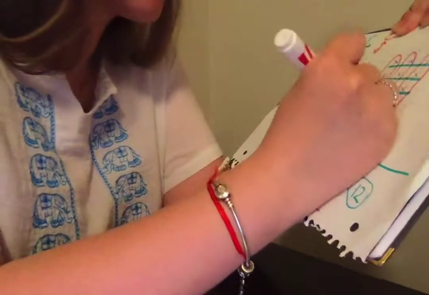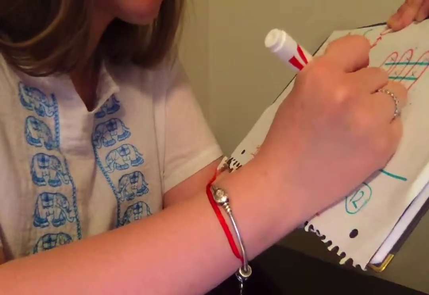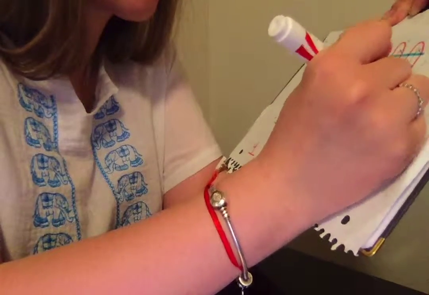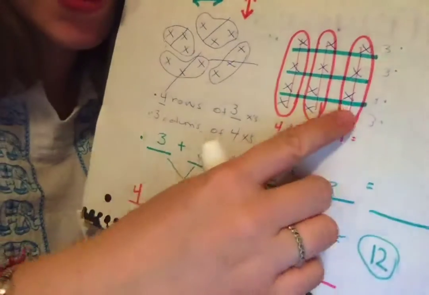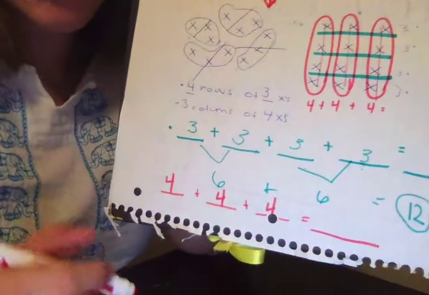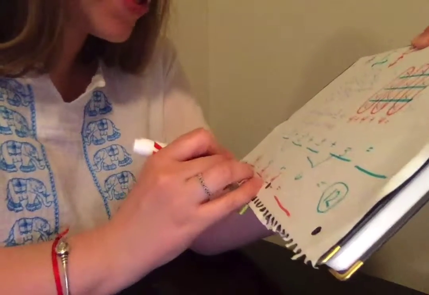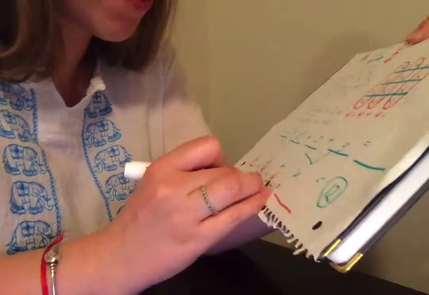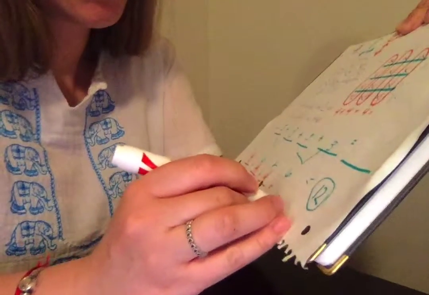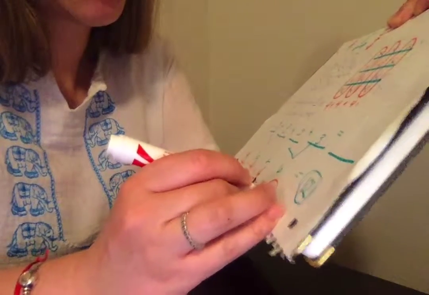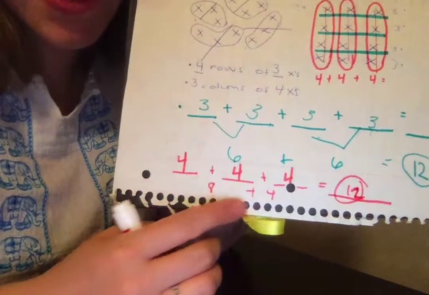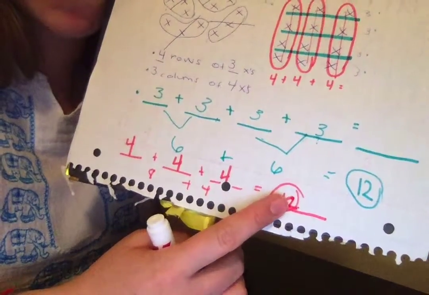So it'll kind of look like this. 4 plus 4 is 8, plus 4 more is 12. 8 plus 4 equals 12.